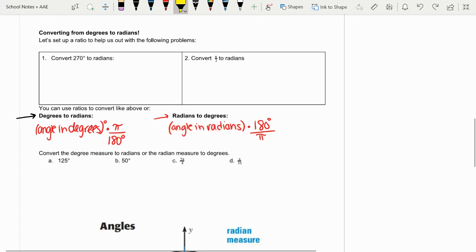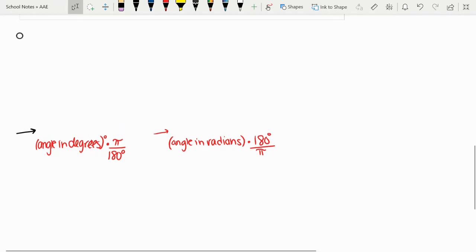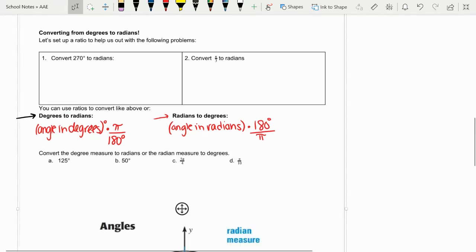Okay, so let's go up to these two examples here. First one, we're given 270 degrees, and we want to convert to radians. So I'm going to write out 270 degrees, and to convert degrees to radians, we're multiplying by pi divided by 180 degrees.